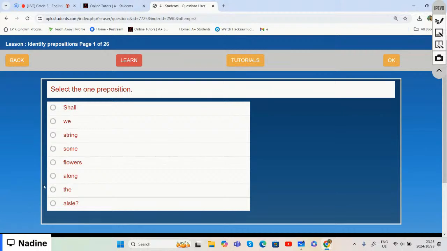We need to choose the preposition within the sentence. What is the preposition within this sentence? Shall we string some flowers along the aisle?